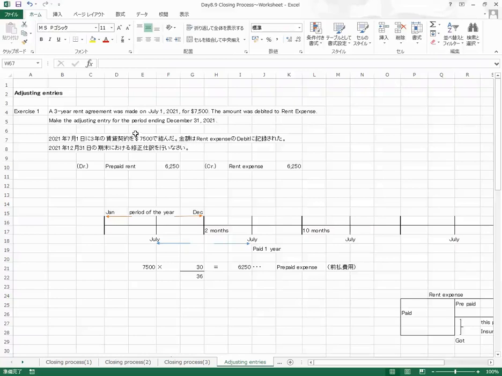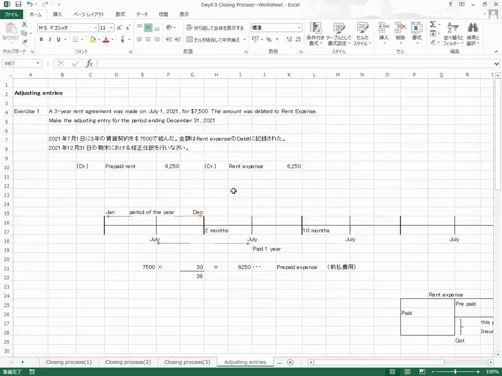Make the adjusting entry for the period ending December 31. So we have a contract to pay a 3-year rent, and we paid 7,500 as rent expense.